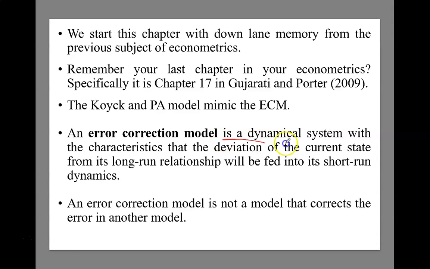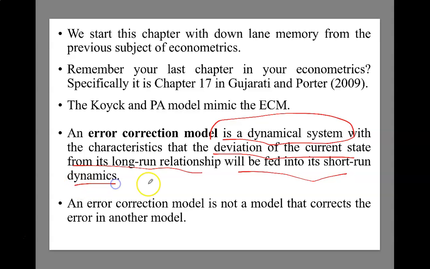It's a dynamic model which characterizes the deviation of the current state from its long run relationship with this short run dynamics. It means there's a long run relationship which has already been justified in the co-integration test, and then you have a short run deviation towards the long run.